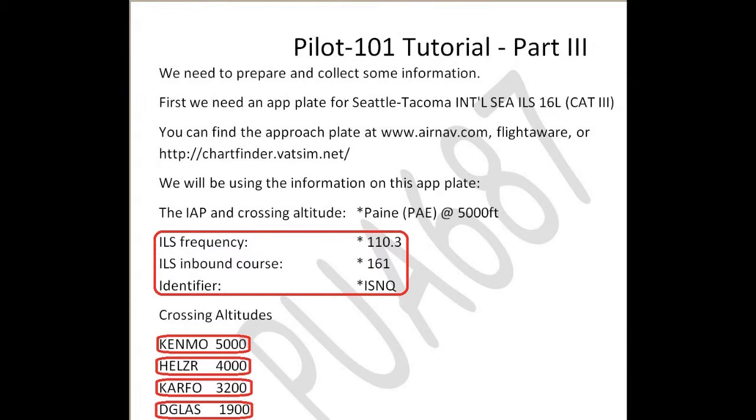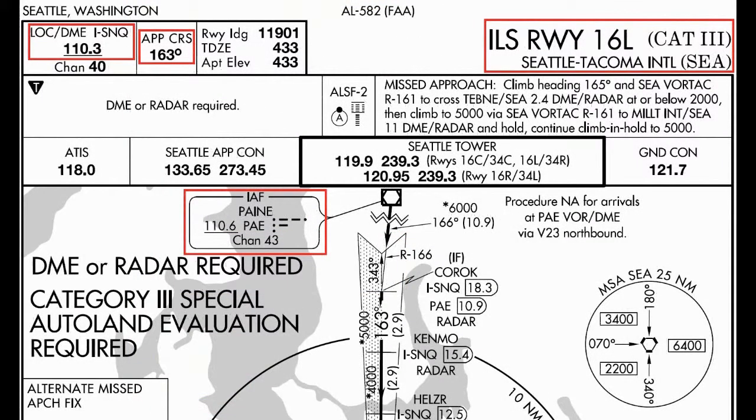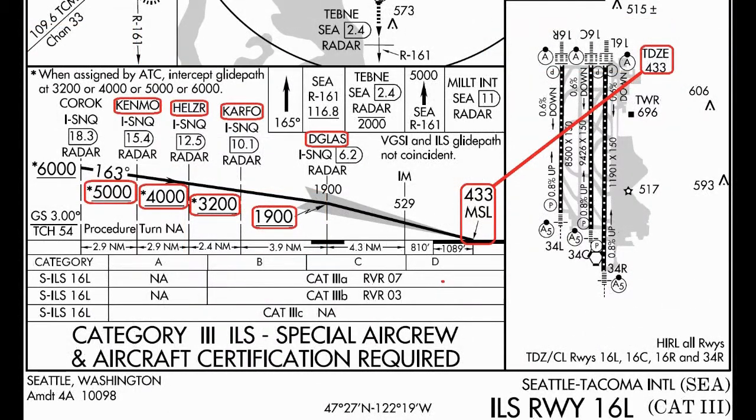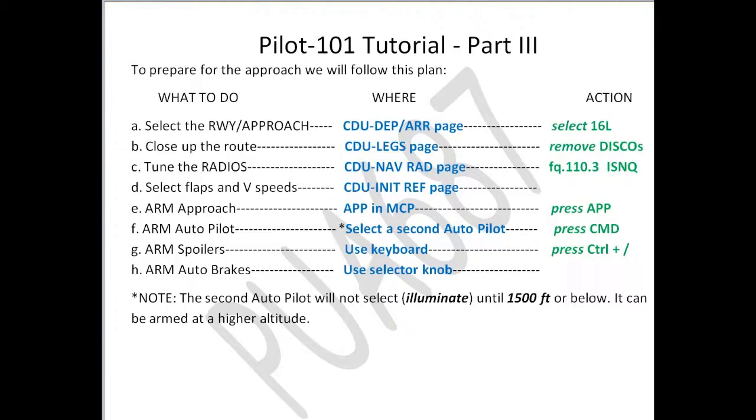Now, noteworthy is the ILS frequency of 110.3, the inbound course of 161, and the identifier ISNQ. Note some of the altitudes that we're going to need to be at. Pause if you like to read these, and then hit play again to continue watching the video.